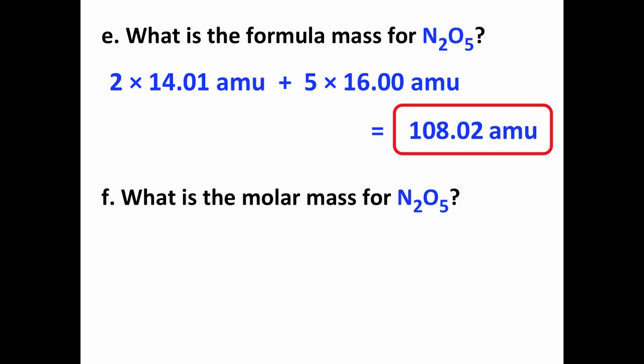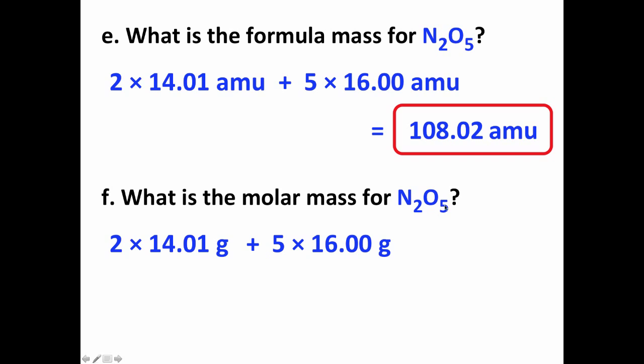Now the molar mass is the mass of 1 mole of this compound, and it turns out that the molar mass will give us the same number, but different units as the formula mass. And specifically, for every 1 mole of N2O5, there are 2 moles of nitrogen. Each mole of nitrogen weighs 14.01 grams, so that times 2 is the mass of nitrogen in this compound.